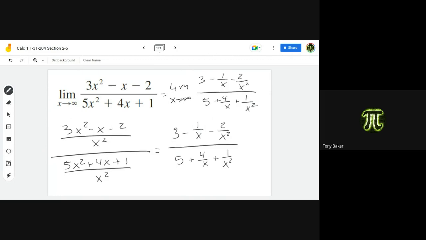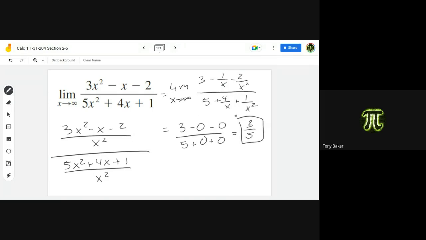If I take the limit of this, what do I get? What's that 1 over x going to become? So I have 3 minus 0, 2 over x squared is going to become 0, over 5 plus 0, which equals 3 over 5.